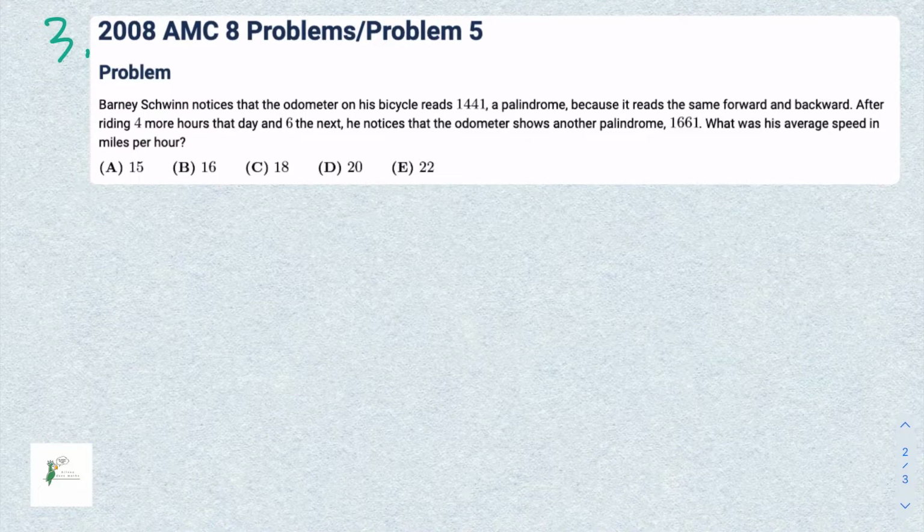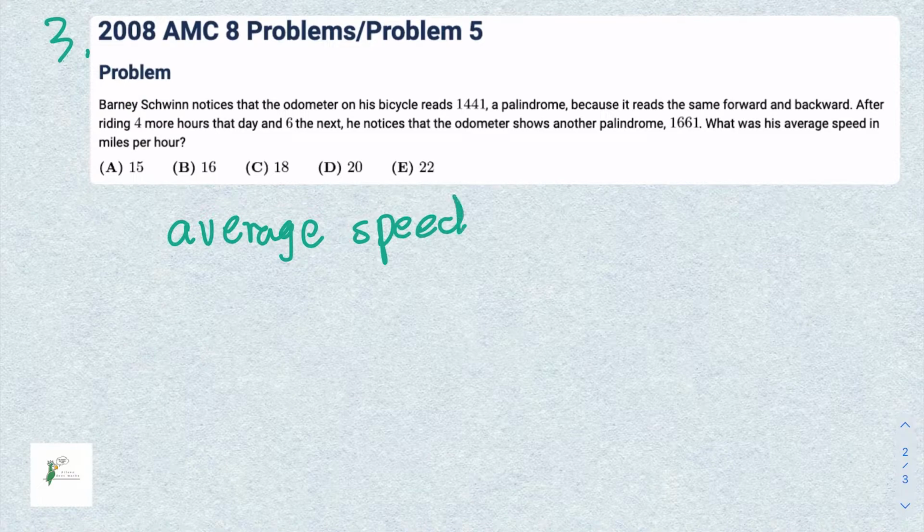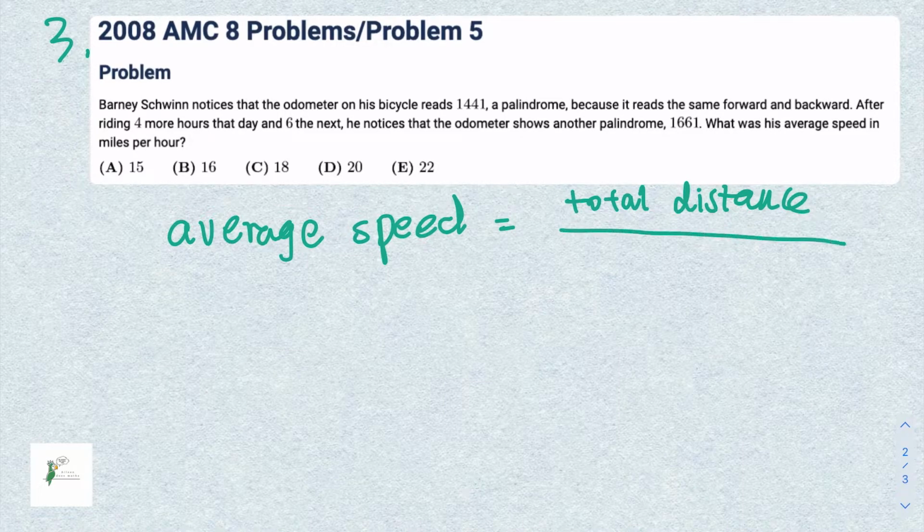The first thing we've got to do is to know what the equation for average speed is. So you just have to memorize this, because average speed is equal to the total distance divided by the total time. Well, we know 2 of those, so that'll be enough to solve this problem.